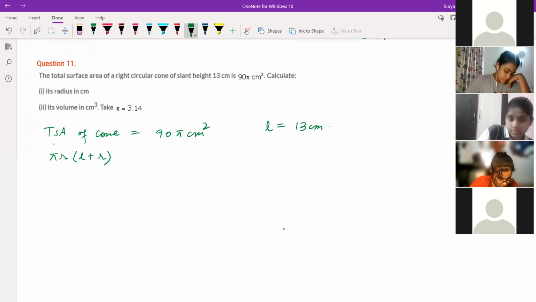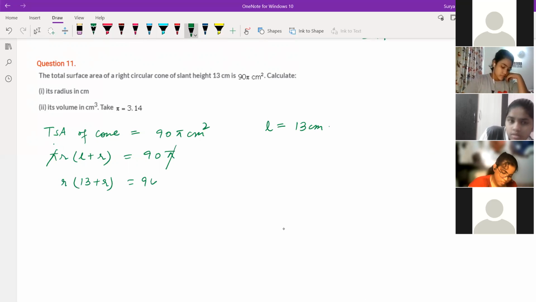This is the formula of TSA, that is 90 pi. Pi will get cancelled over here. Now you can find r from here. R as it is, L is 13 plus r is equal to 90.